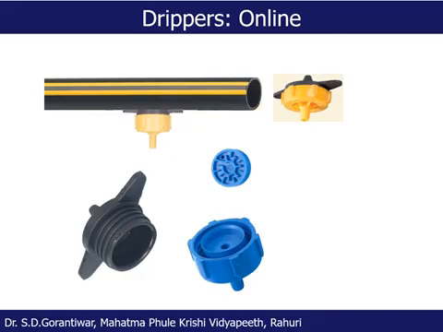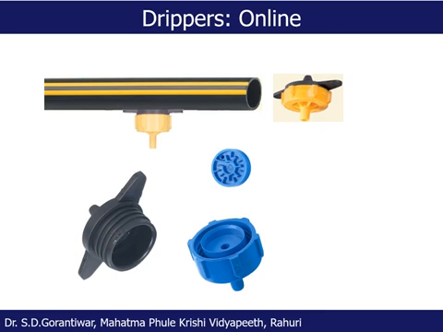As you see here, the drippers are mounted on the lateral, and therefore these are known as the online emitters. So these are mounted on the laterals. And when the emitters are integrated inside the lateral, then we call these the inline emitters.